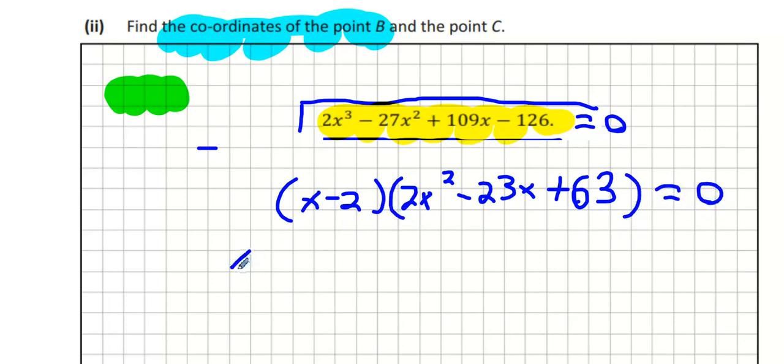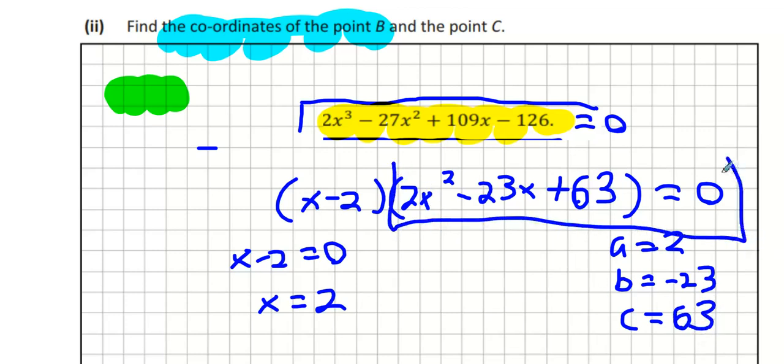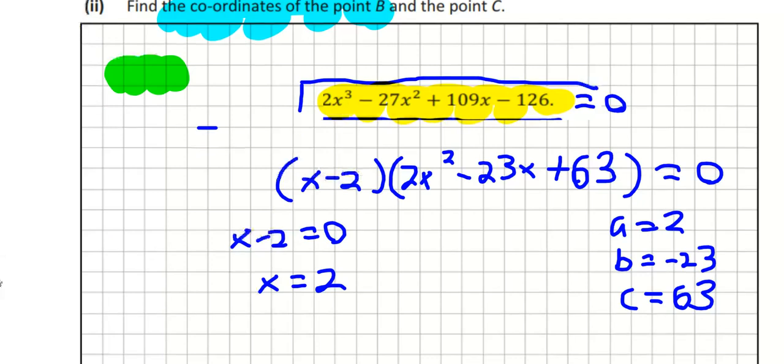And we already know that x minus 2 equals 0, and we know that x equals 2. What we're going to have to figure out is how to solve this. You could probably do the minus b formula, where a is equal to 2, b is equal to minus 23, and c equals 63, because we're going to solve this part equal to 0 right now.